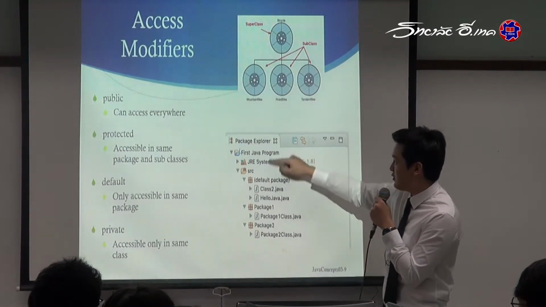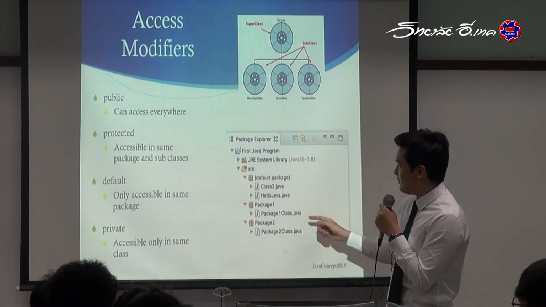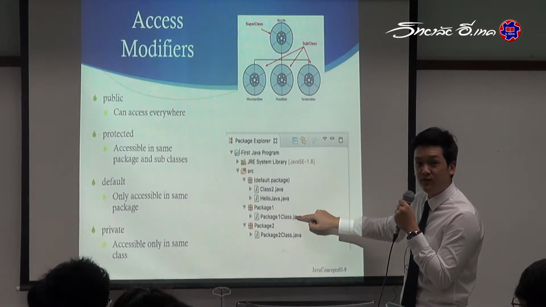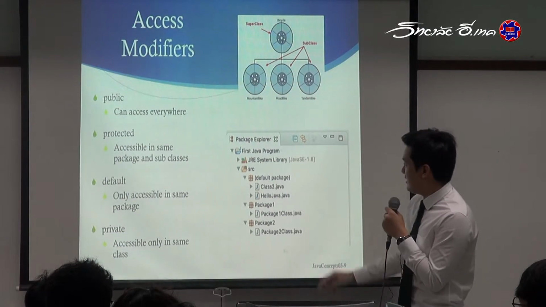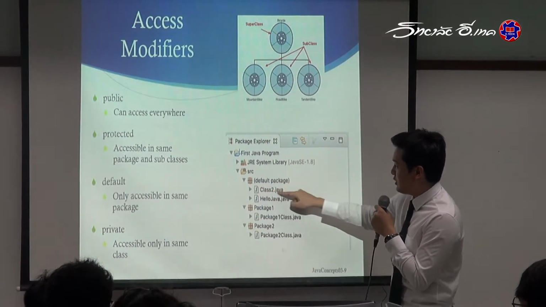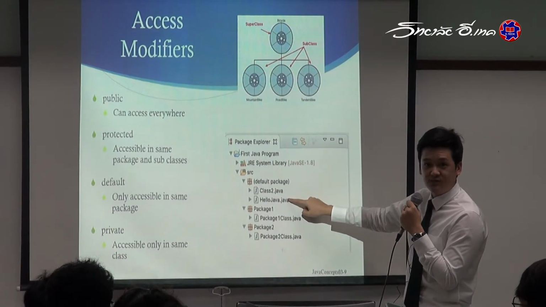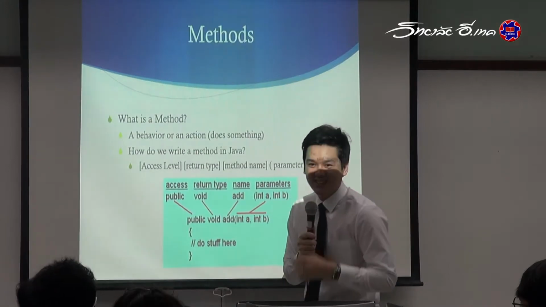No, right? Because different packages, okay? And if it's default, if I have a default one here, can they access it here? No, only the same package, right? And then private, if I have a private variable in Class 2, can they access it? No, only Class 2. Okay, good. So you guys do understand.